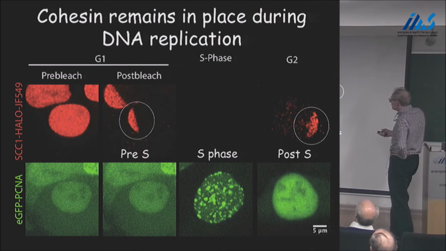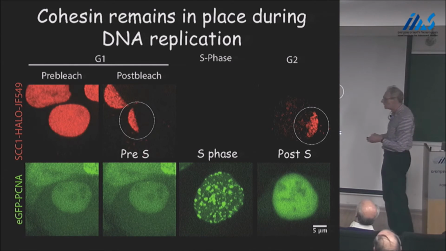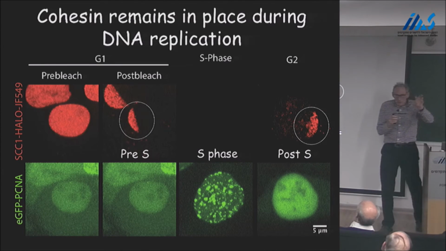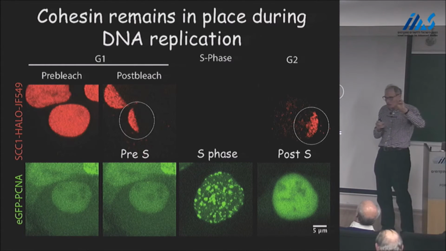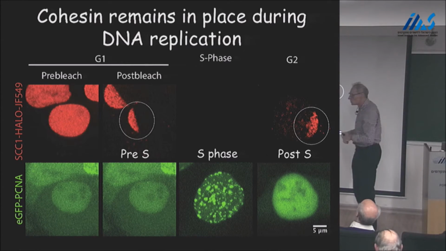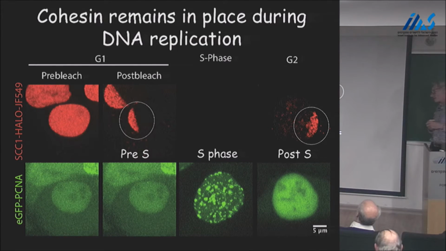You label up a certain fraction of the nucleus, you chase it through S phase, it turns out the cells are moving, and this crescent here turns into this crescent here, but it's the same part of the chromatin. And what this tells us is that this cohesin that was on the chromosomes on this particular patch of chromatin before S phase ends up on the same patch of chromatin after S phase. Okay? So somehow the cohesin is not displaced by the replication fork.